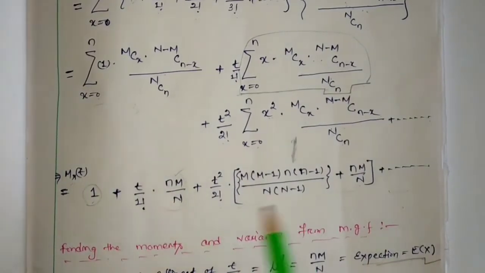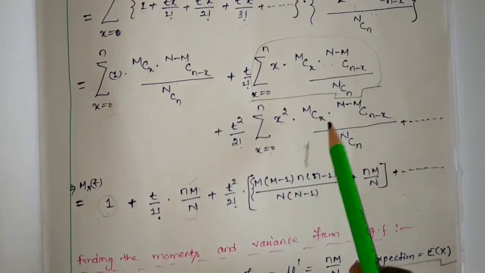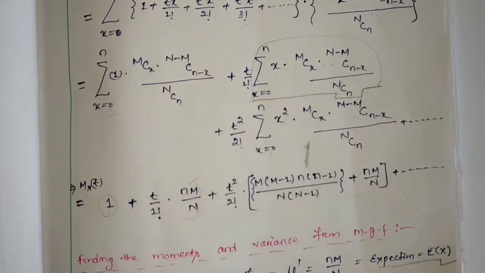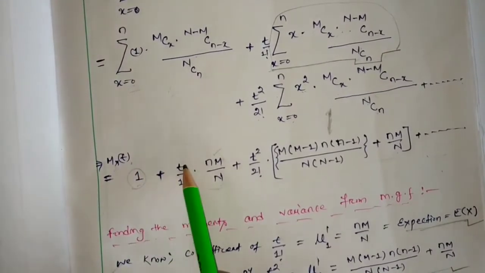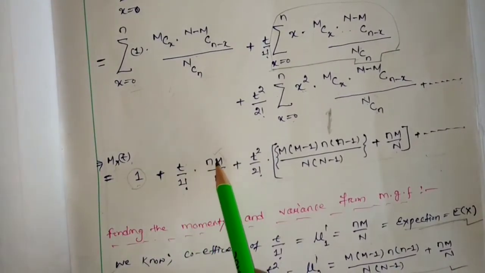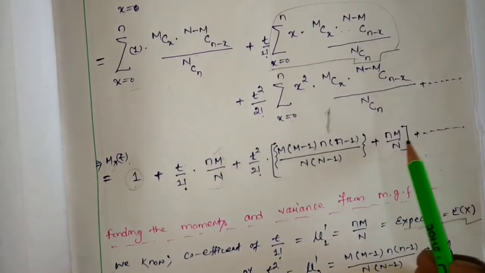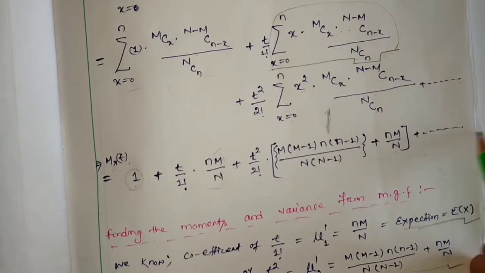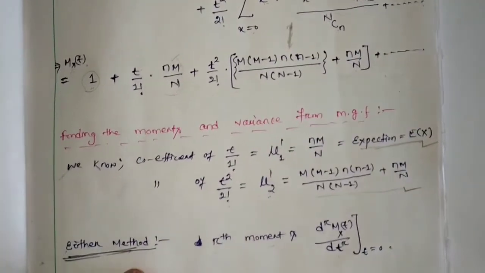After substituting the value of this equal to nm by n, and this equal to this, we found M_X(t) equal to 1 plus t by 1 factorial into nm by N plus t square by 2 factorial into this much, plus and so on. Higher order terms I have not considered here, as I am concentrating on the first and second moments.